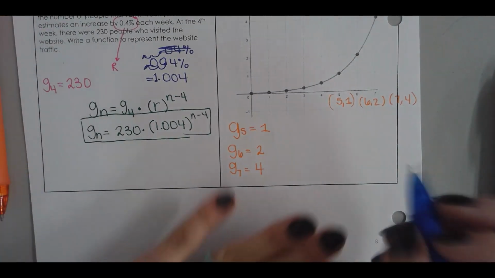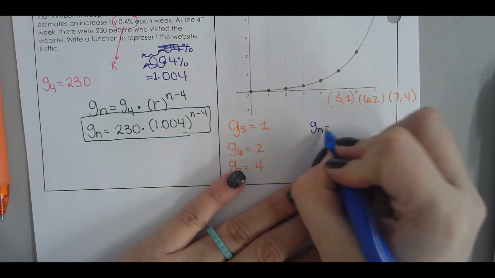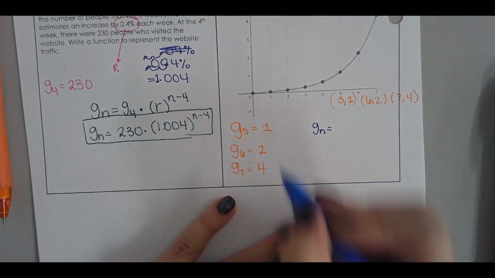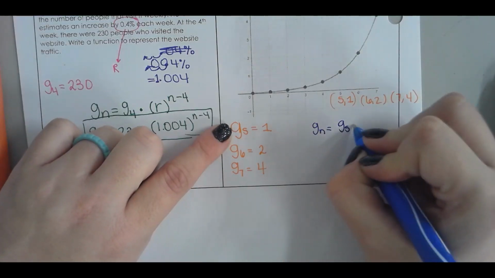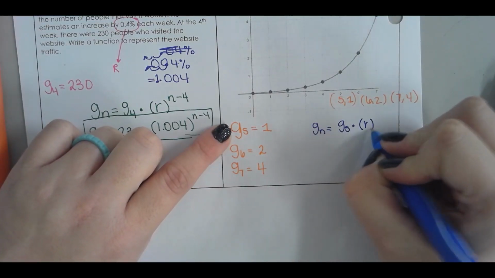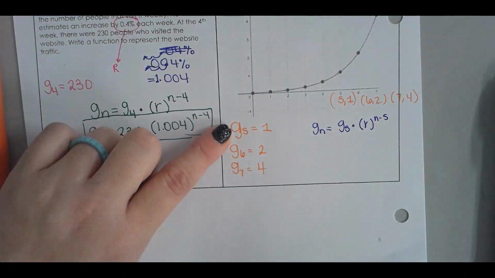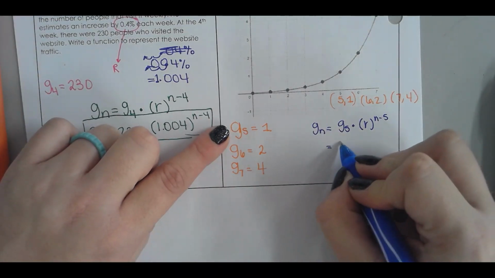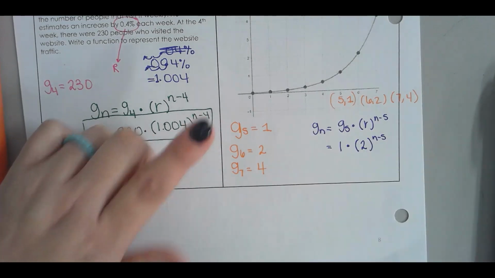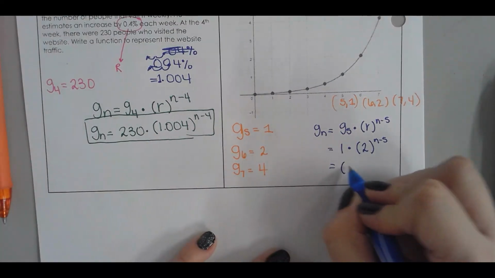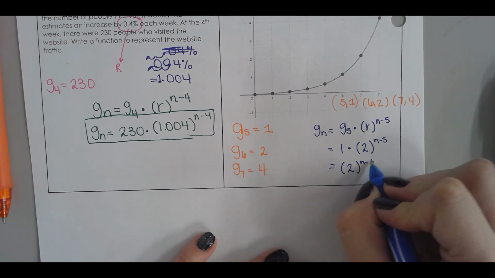So I can say, all right, G of n equals, we can use any of these we want, G5 times r to the n minus 5, which is 1 times 2 to the n minus 5, which is really just 2 to the n minus 5 power.